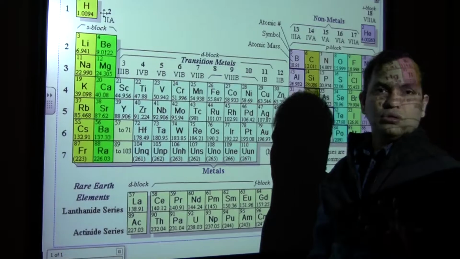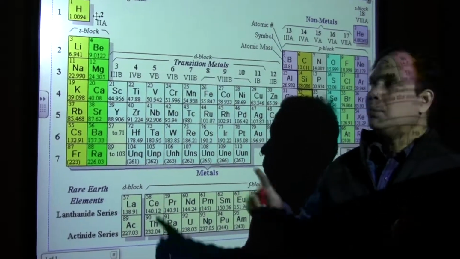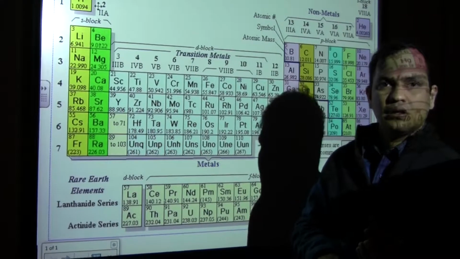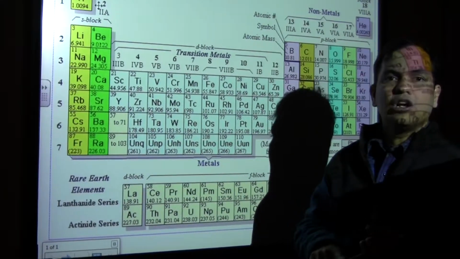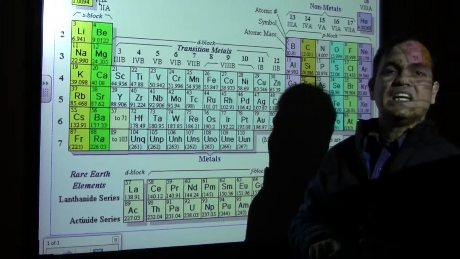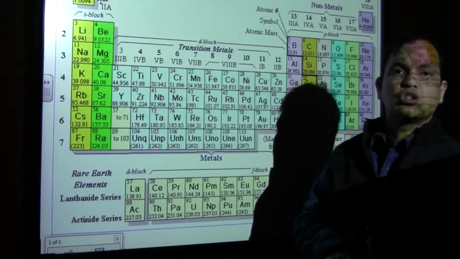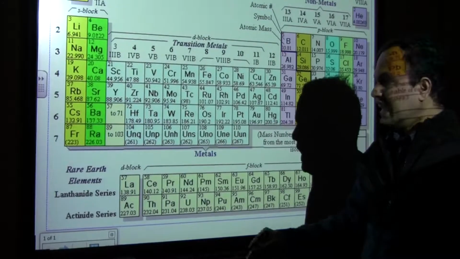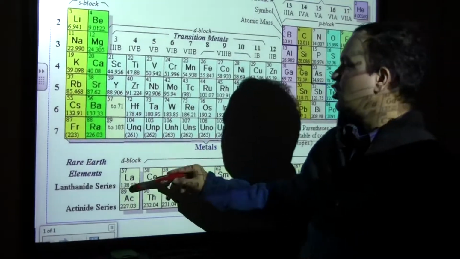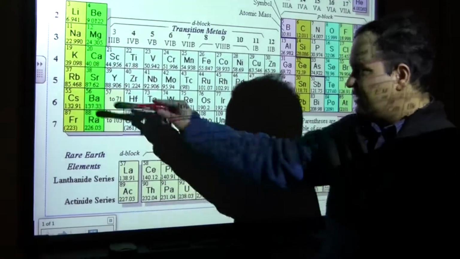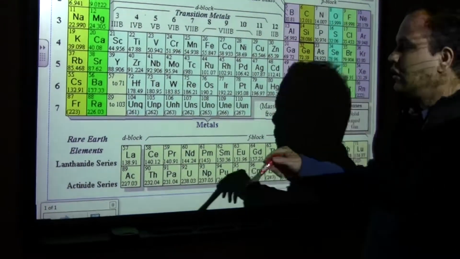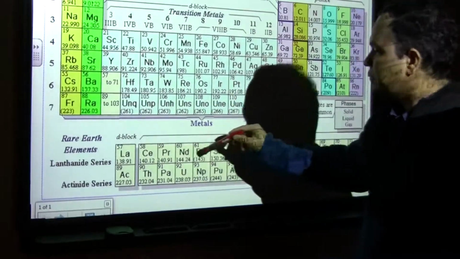So what you should know first: in the periodic table, elements are arranged in the increasing order of atomic number. There are 18 vertical columns called groups, and 7 horizontal rows called periods. Then you will ask, what about these two? Actually, these two are the extension of the 6th and 7th periods. The 6th period is too long to fit into this format of the periodic table, so it is extended here.